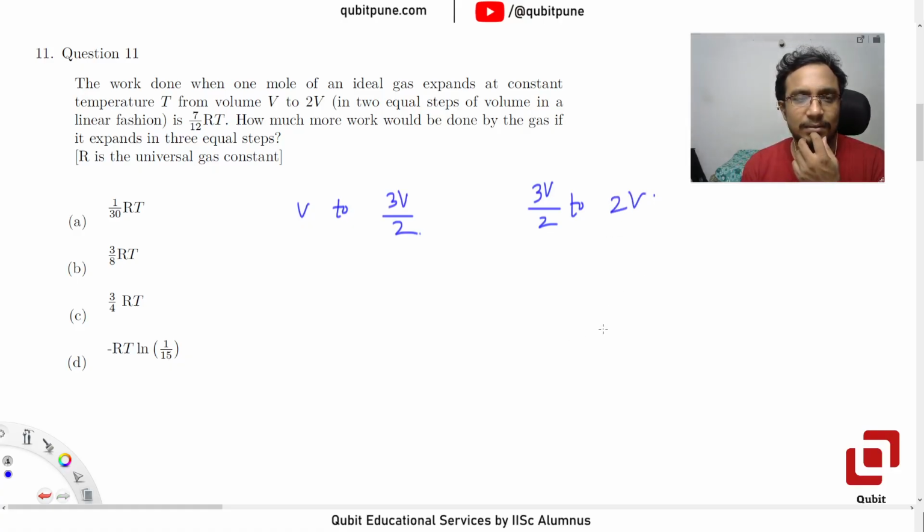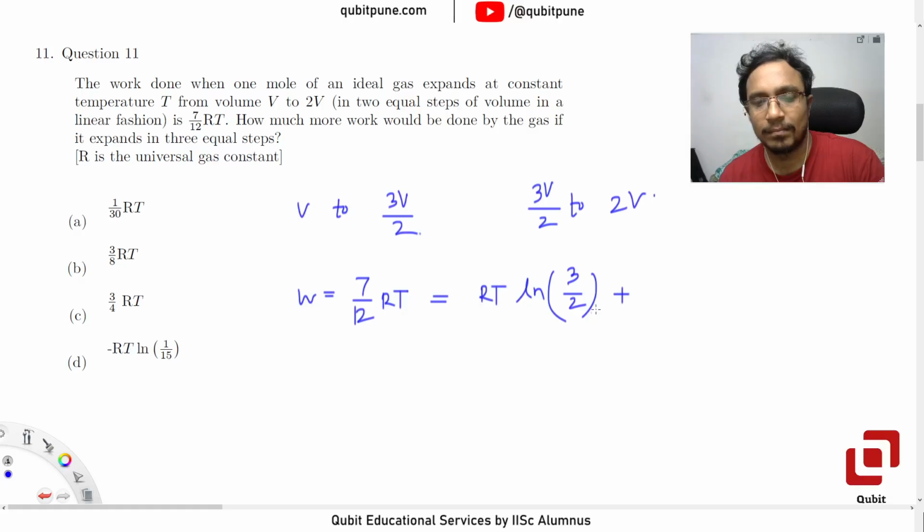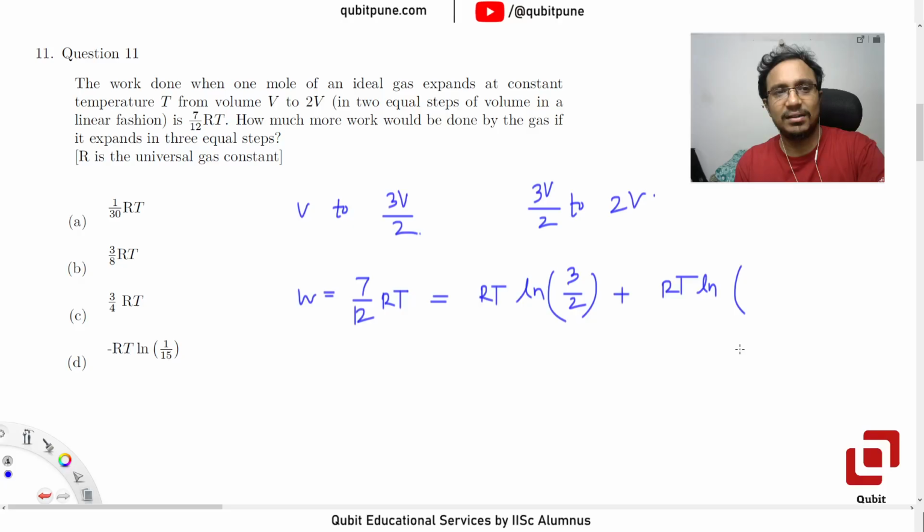And that work is 7 by 12 RT. Okay. The steps just cancel each other.